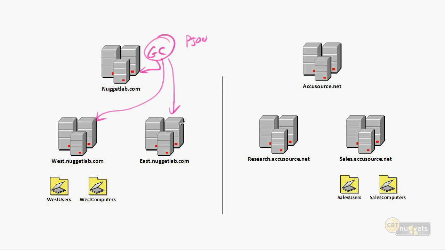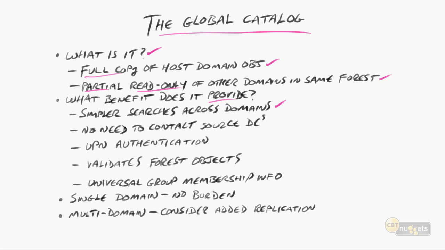It doesn't actually go down here to look for this domain controller and then perform a query against that domain controller. It doesn't have to, because the domain controller up here that's a global catalog will just search against the global catalog and not bother contacting this domain controller down here. It'll immediately be able to give search results related to what it finds in the global catalog, and it can find that P. Jones account. So there's no need to contact the source domain controllers, is what I'm saying there.